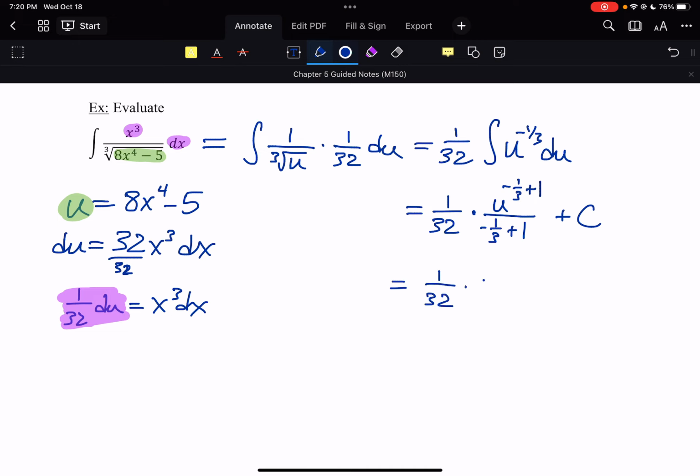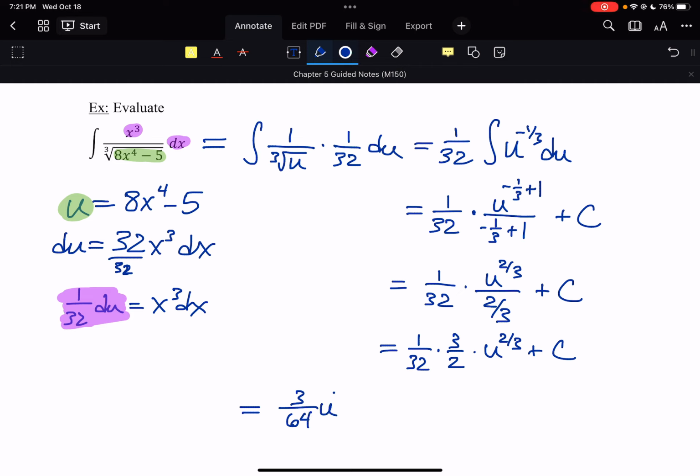So we have 1 over 32 times, this is u to the 2/3 over 2/3 plus c. Dividing by 2/3 is the same thing as multiplying by 3/2, so it's just multiplication by the reciprocal, like this. Of course, not a lot of simplification to be had from that. We just get 3/64 u to the 2/3 plus c.